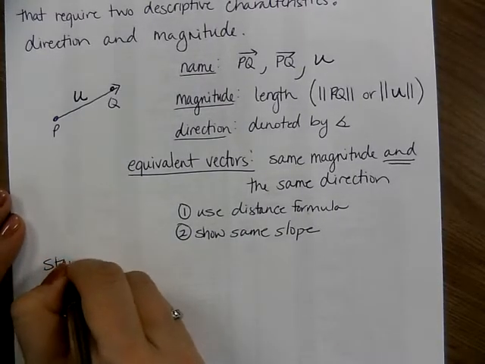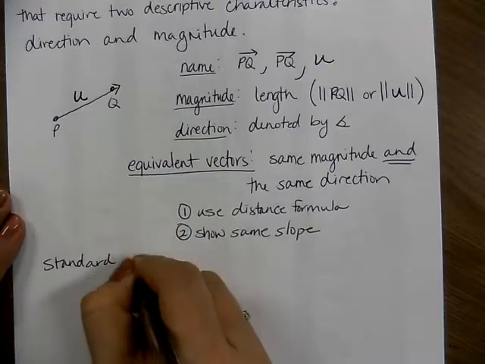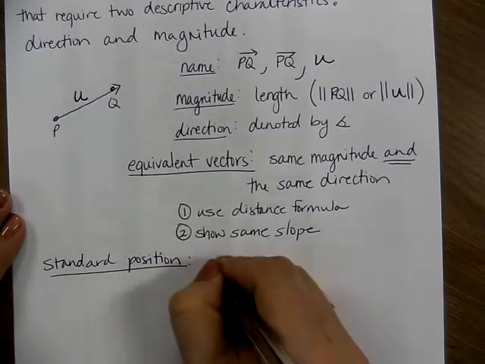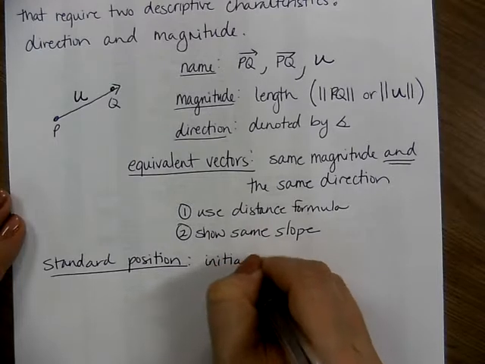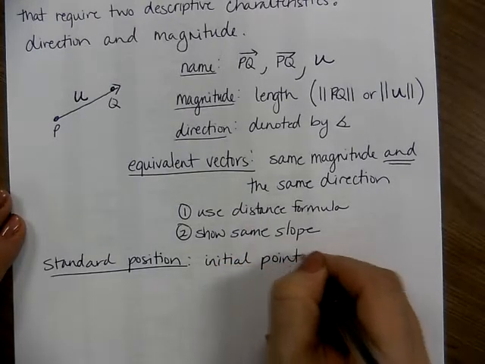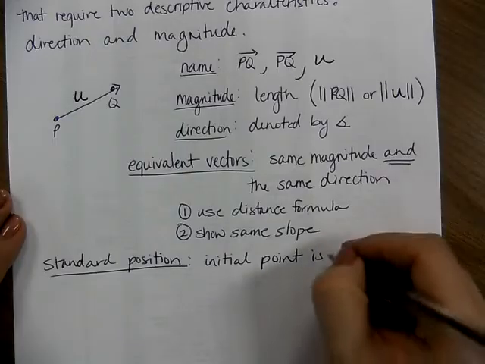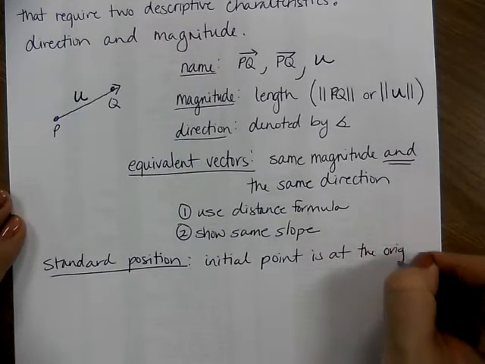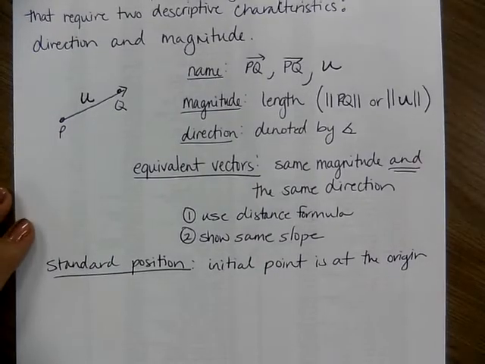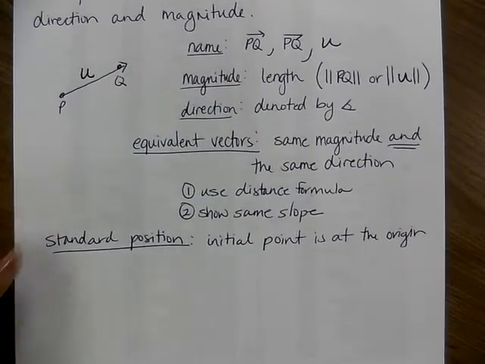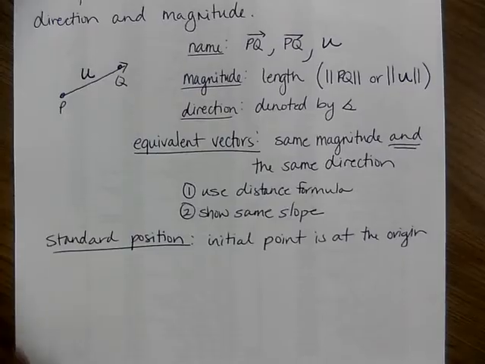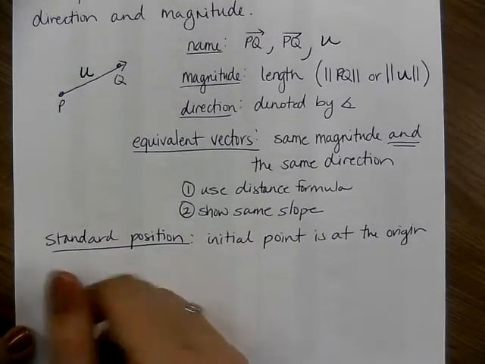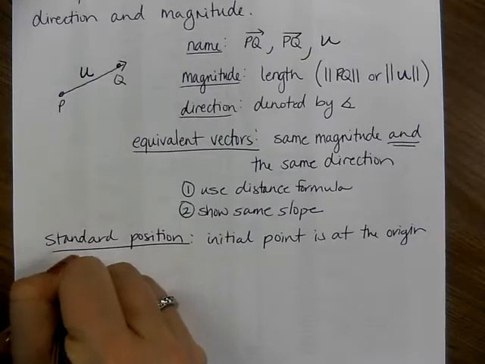Then there's standard position. It's when the initial point is at the origin. That's considered standard position, when you start at the origin. Vectors can be written in component form.